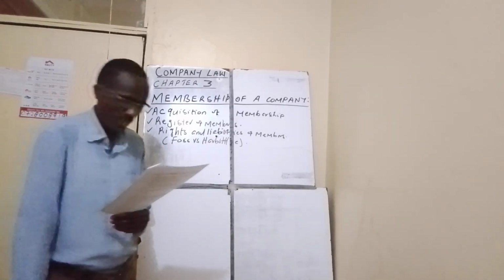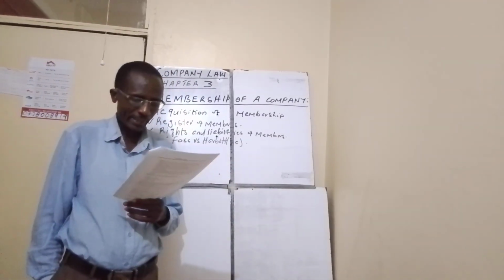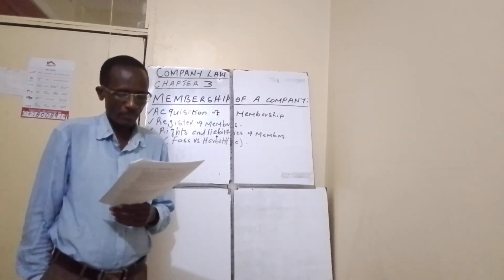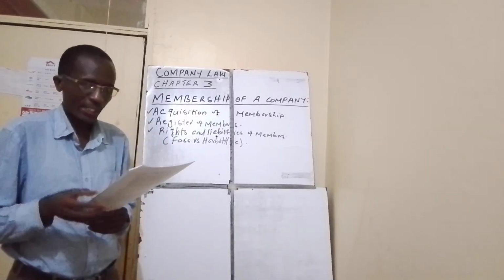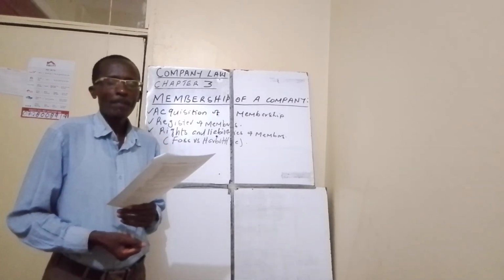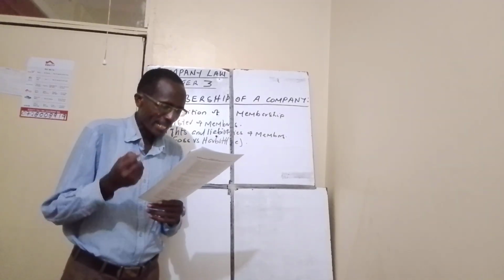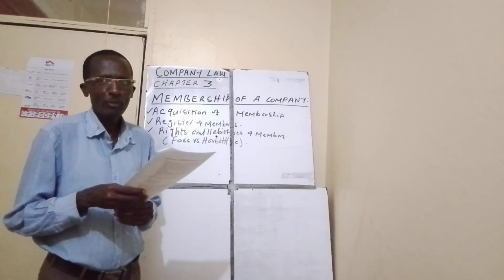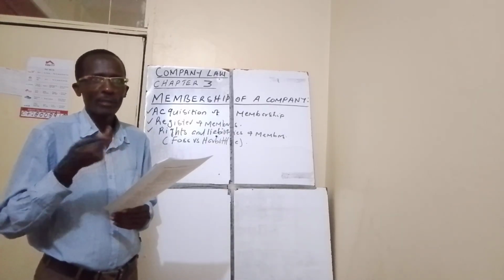So some rights of members here are the right to receive dividends when they are declared in that class of shares. Members or shareholders have a right to receive dividends when they are declared, either preference dividends or ordinary dividends. Right to receive notice of the meeting. We'll be coming to types of meetings, like annual general meetings.